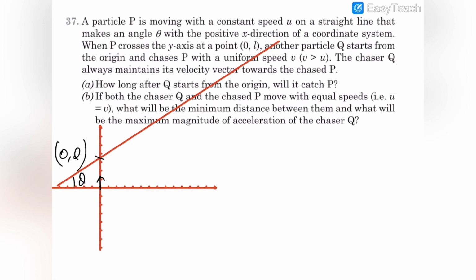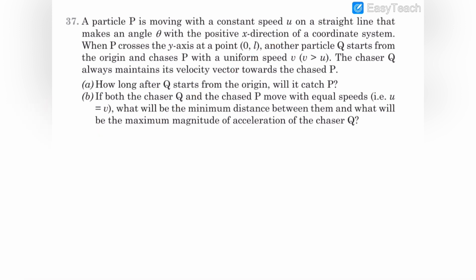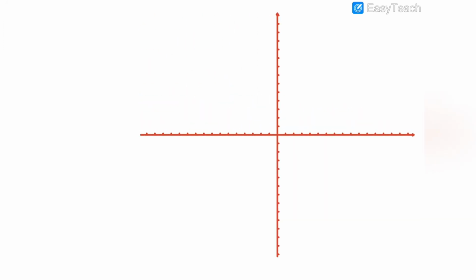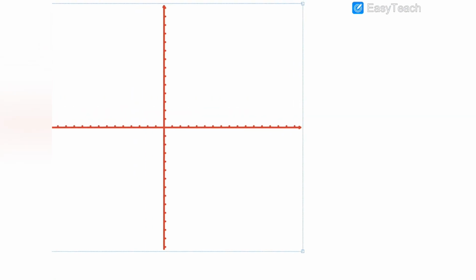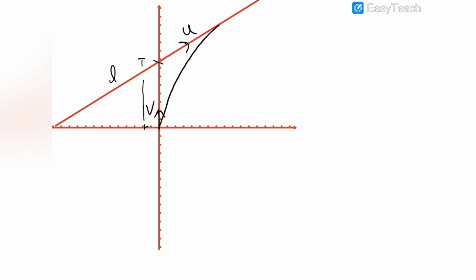Let us draw this figure again, and this is the line. This distance is equal to L, and it is moving with the constant speed of u. Its speed is v, and it is moving like that, in such a way.